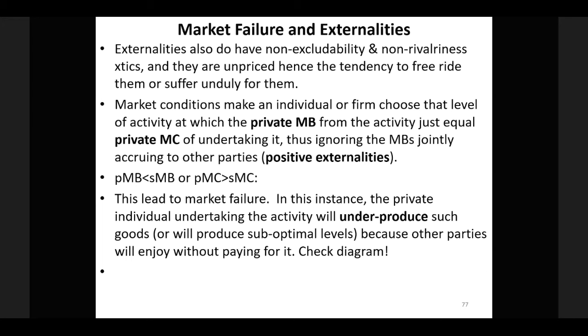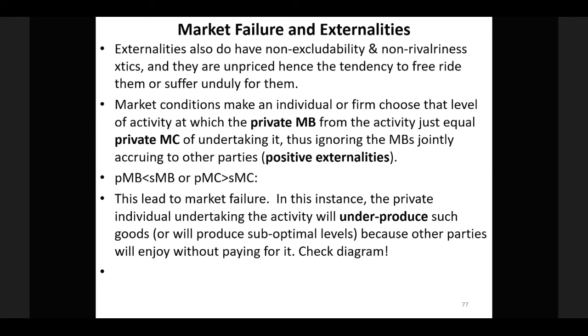We proceed to look at externalities also having some characteristics of non-excludability and non-rivalry, as we study related to public goods. And for this reason, they are mainly unpriced. For instance, when external benefits are generated as an externality, people enjoy it free.